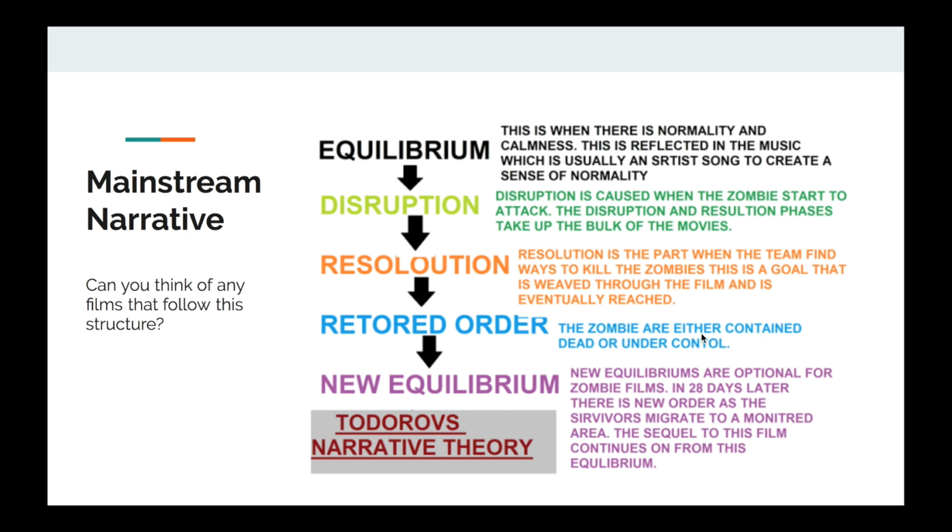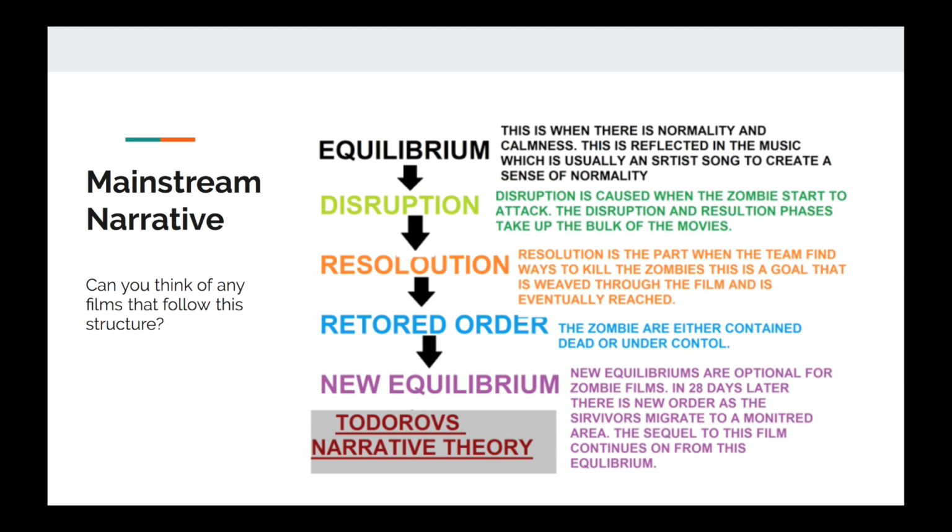The zombies are either contained, dead, or under control. So the natural order of things is restored. I actually stole this from the internet, so that isn't my typo, but apologies anyway. And then after the zombies are under control, or the main antagonist, Darth Vader, has been defeated, a new equilibrium is created.